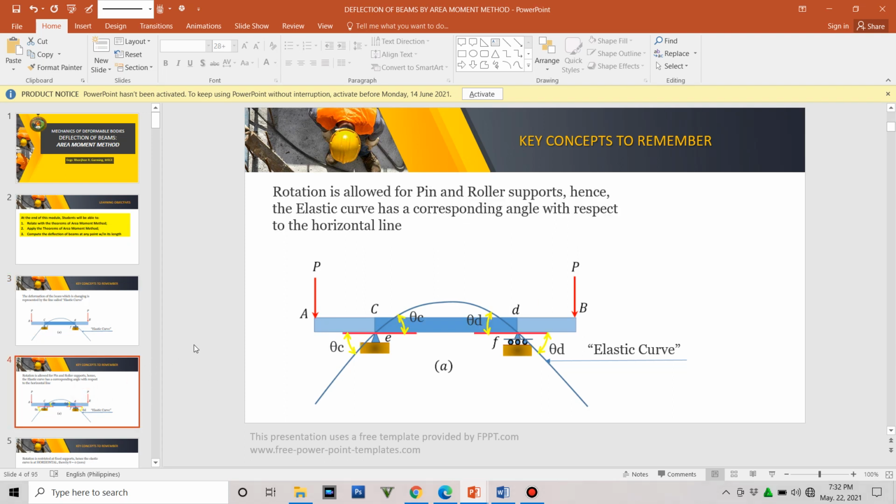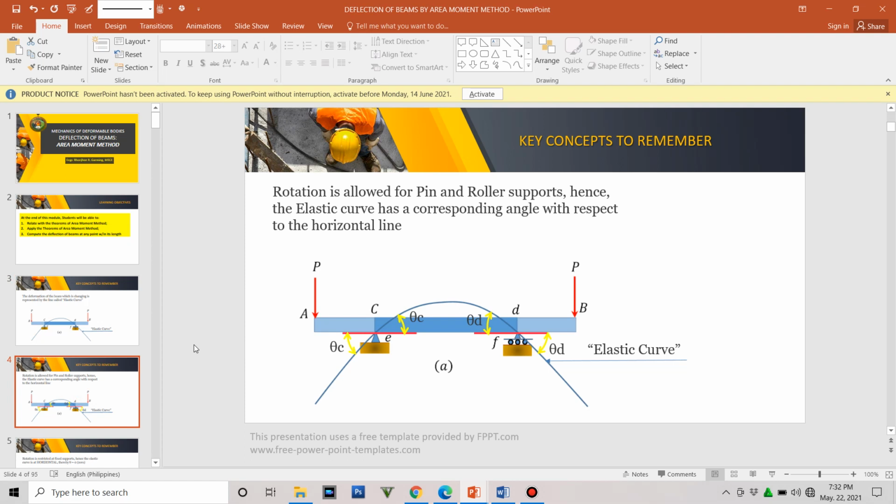And then next, rotation is allowed for pin and roller supports. Hence, the elastic curve has a corresponding angle with respect to the horizontal line.